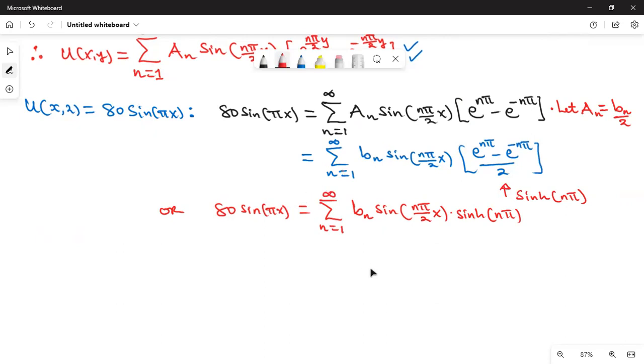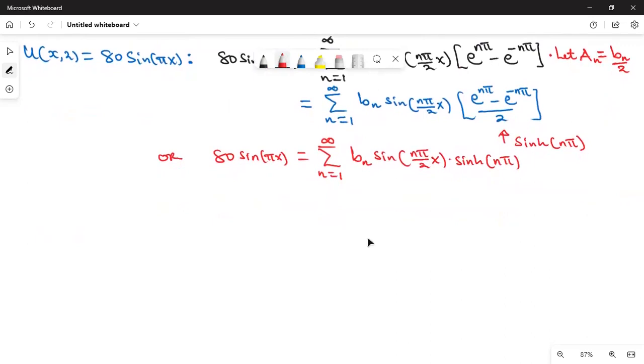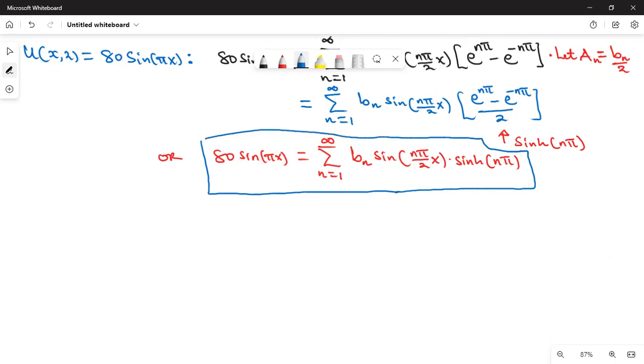Therefore, how do we find the coefficients? You see, this is a Fourier series. This is a half-range Fourier sine series. So you can comment on this series. You write, this is a half-range Fourier sine series.